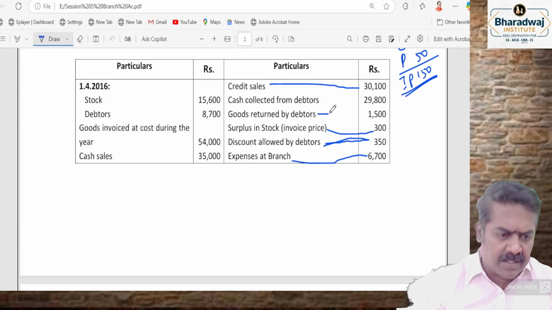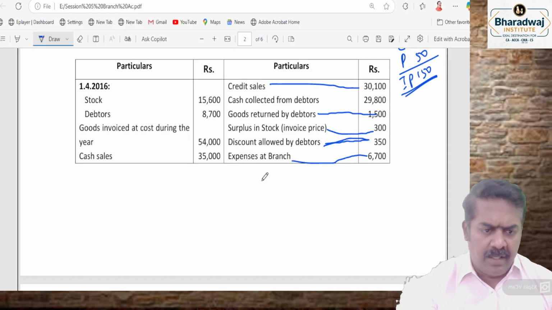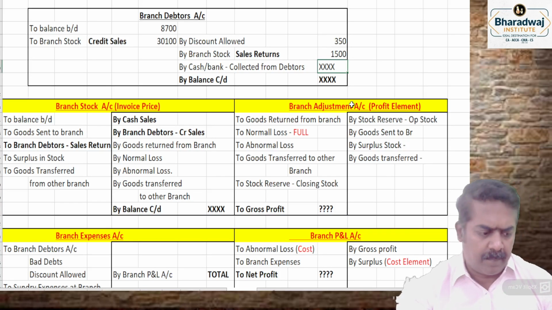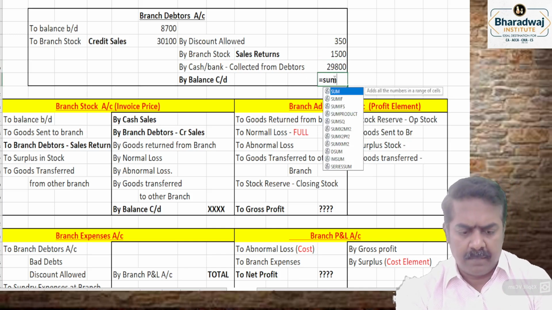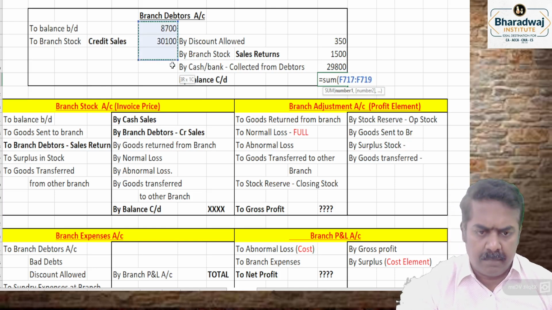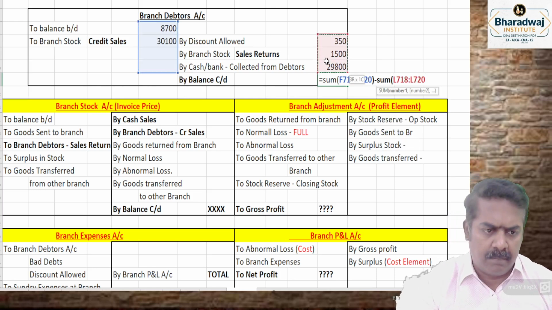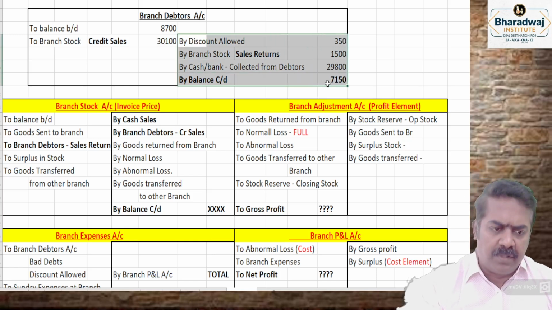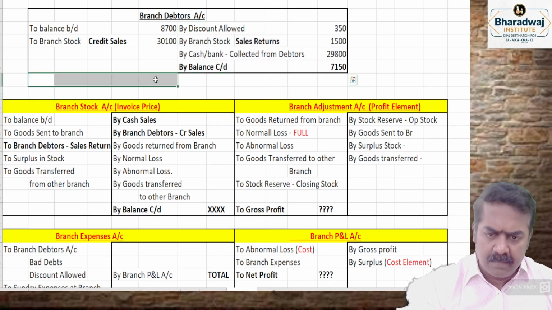Goods returned by customers. Any collection from customers given? Closing balance will be the balancing. $7,150. That is closing balance of which one? Debtors.